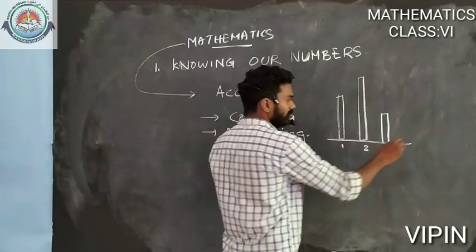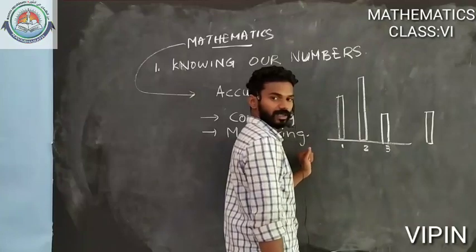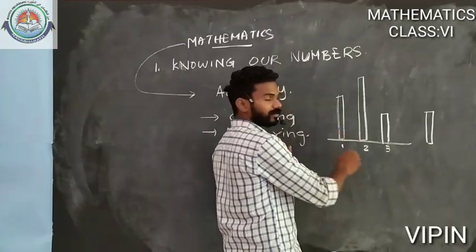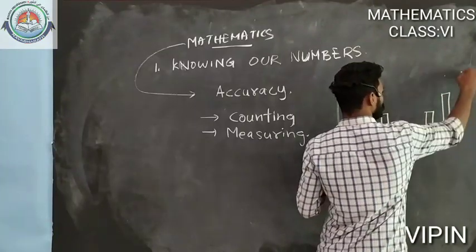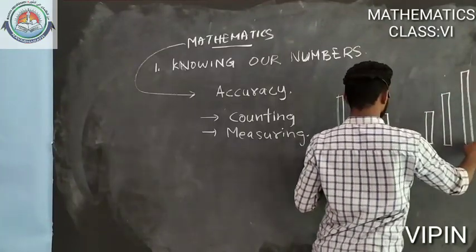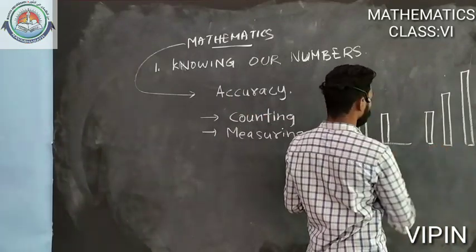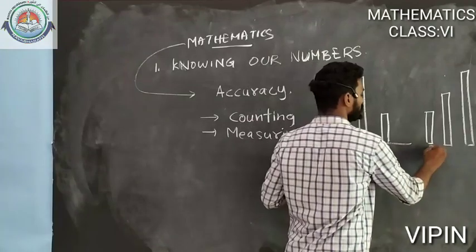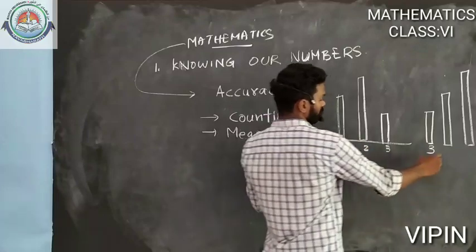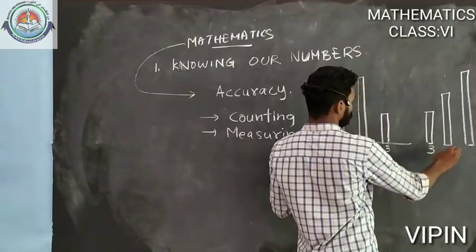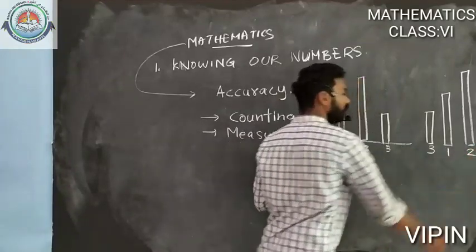The smallest would be the third one, and thereafter the first one, and finally the second one. This would be the order of their length. The smallest would be the third one, and which one would be second? The second would be the first one, and finally the second one.